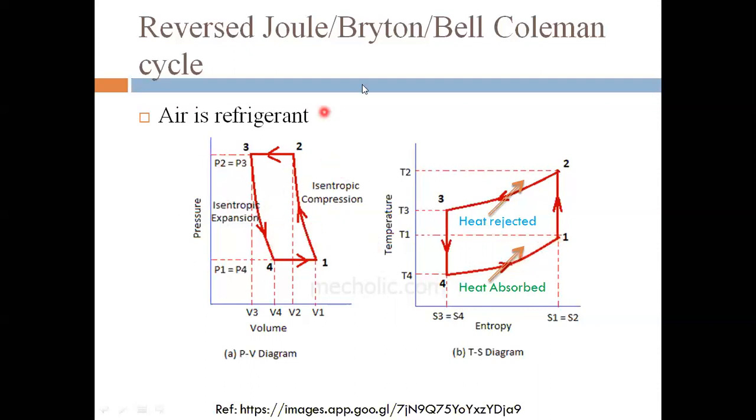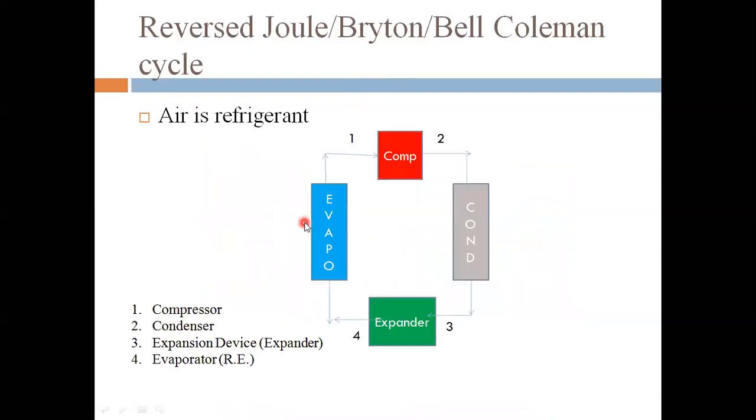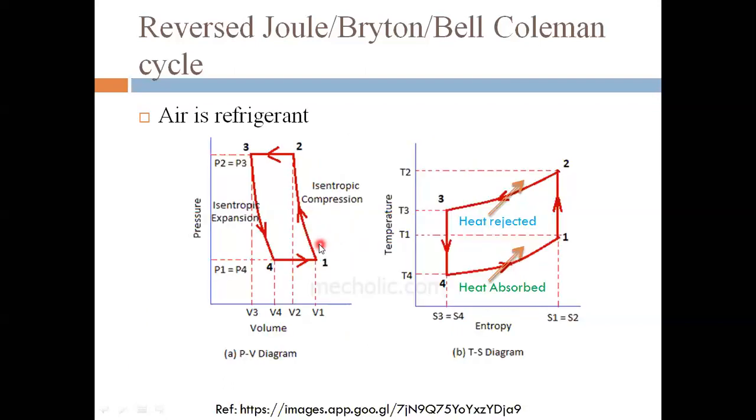So in the Bell-Coleman cycle, the PV diagram says that 4 to 1 and 2 to 3 are constant pressure processes, or we precisely say that the condenser and evaporator are constant pressure processes, and the compressor and expansion processes are isentropic. Now the TS diagram: as we discussed with the PV diagram, in the TS diagram the isentropic compression and isentropic expansion show that the entropy is the same, that is S3 is equal to S4 in the expansion process, as well as in the 1 to 2 compression process, S1 is equal to S2.